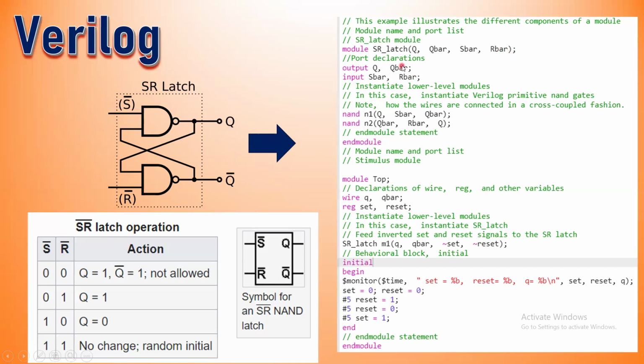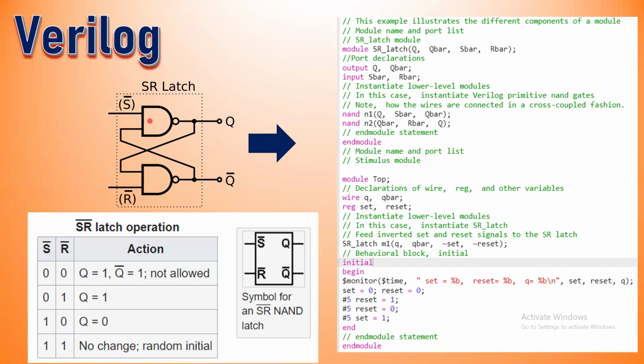Now I have to call the Verilog primitives. I would say I have to instantiate the lower level models. What are my lower level models in this circuit? They are simply NAND gates. I need two NAND gates in order to implement this circuit. In Verilog, as we have seen in our previous module, there are ready-made primitives, which are basic gates, including the NAND gate.